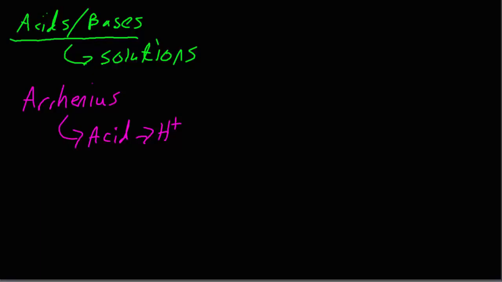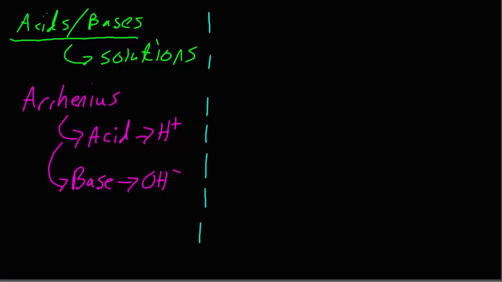And on a similar idea, a base is something that produces OH minus. So how are these things going to produce these H pluses and OH minus? Well, it's about the dissociation that happens when an acid or a base is in water. So let's look at some examples of this.